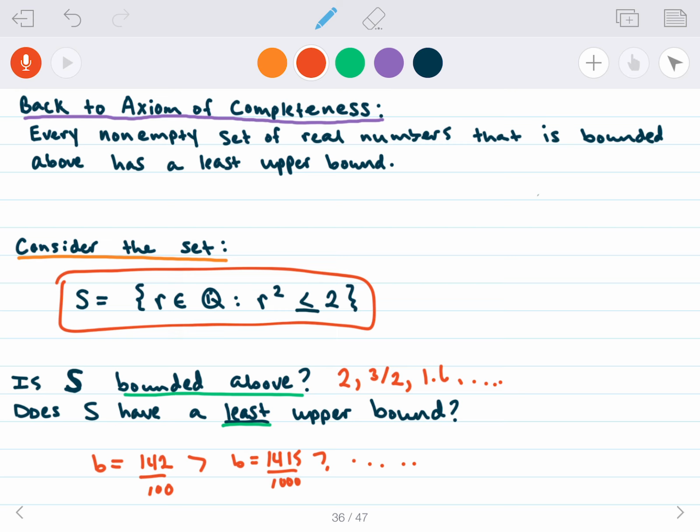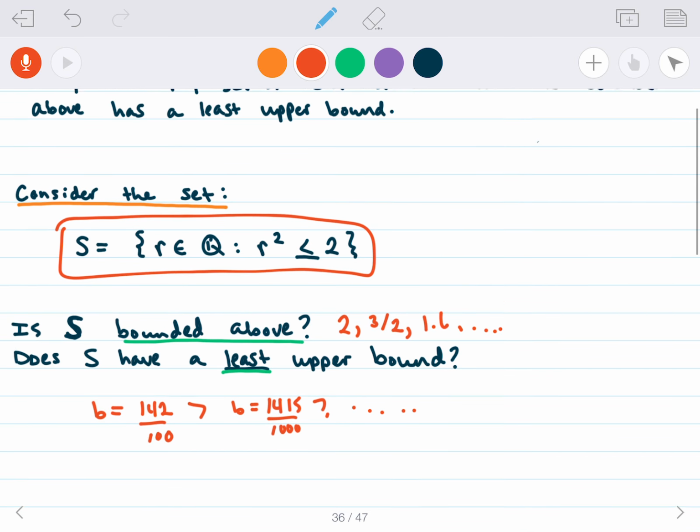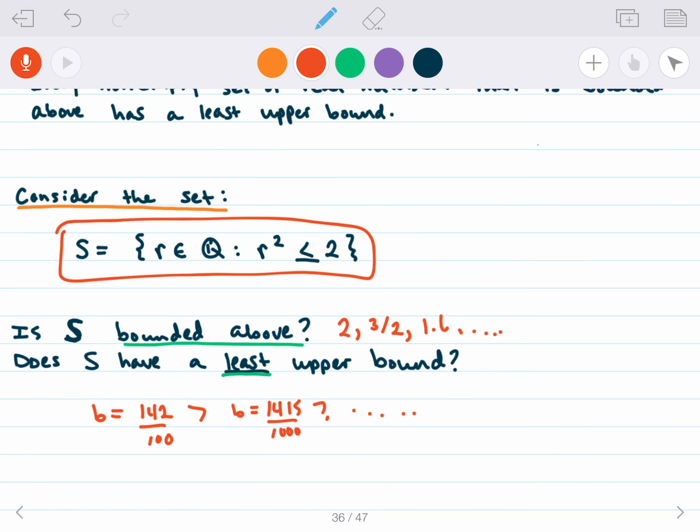So the point here is that this set does not have a least upper bound in Q, but it does in the reals, right? We know that r squared less than or equal to 2 gives us r is less than or equal to root 2 and greater than or equal to negative root 2.